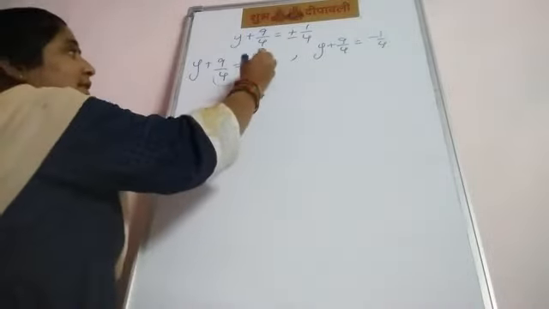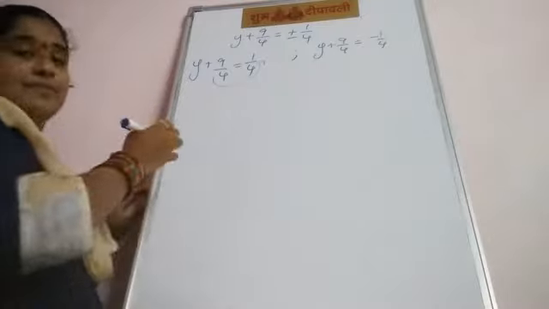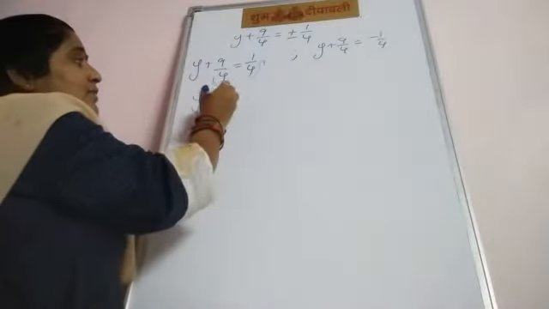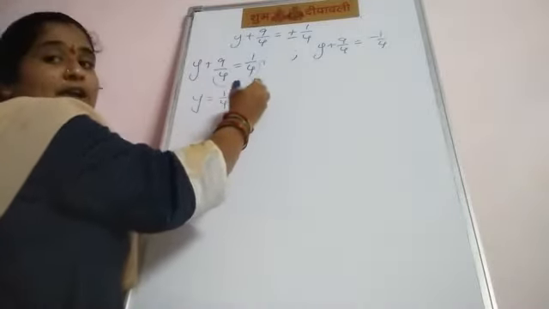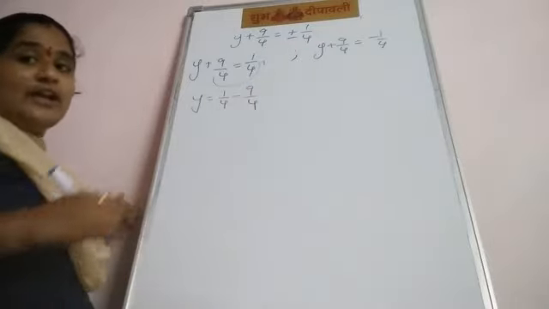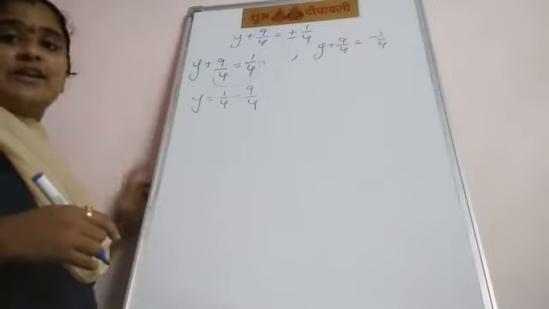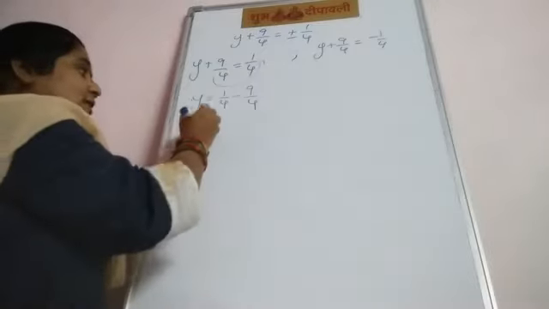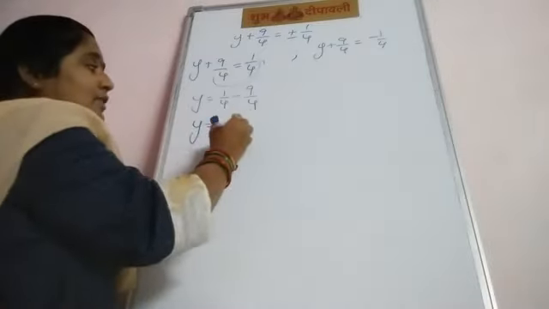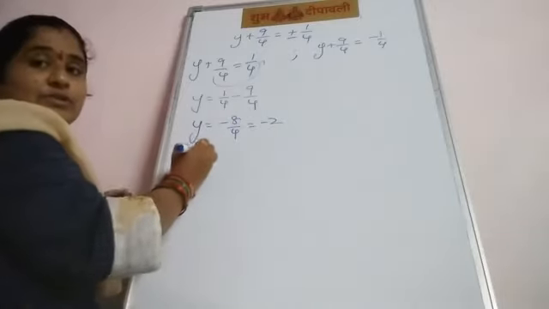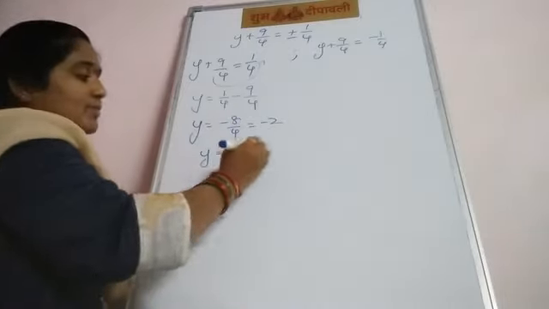Now this one you take to the right side, it becomes minus: y equal to 1 upon 4 minus 9 upon 4. These both are like fractions because the denominators are the same. 1 minus 9, how much? Minus 8. y equal to minus 8 upon 4 equal to minus 2. Therefore y equal to minus 2.